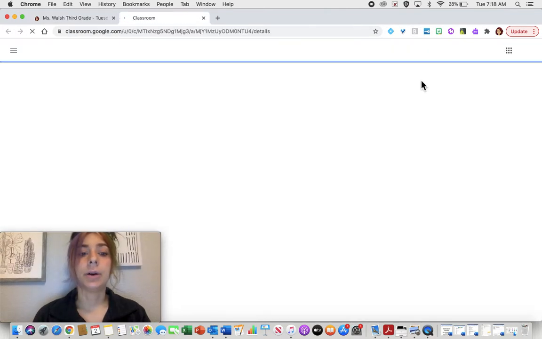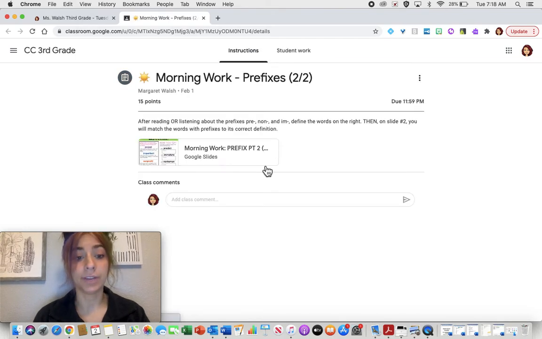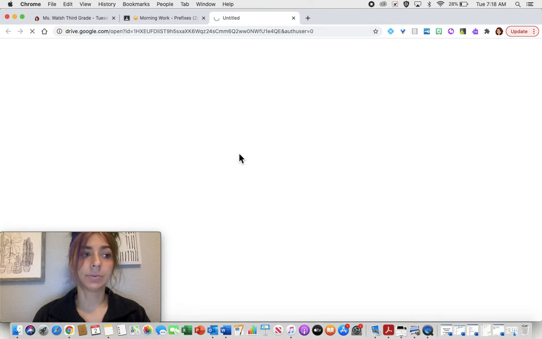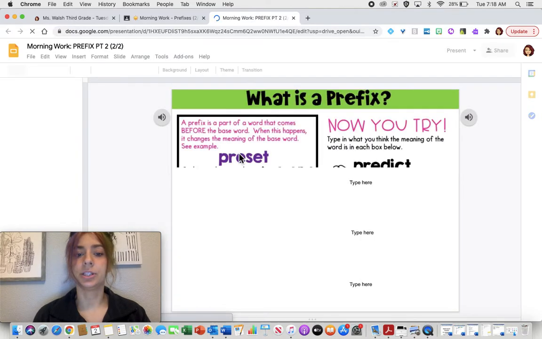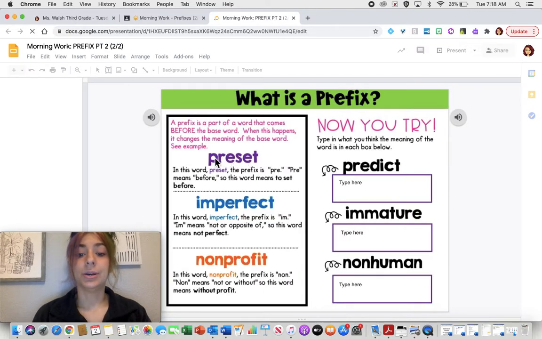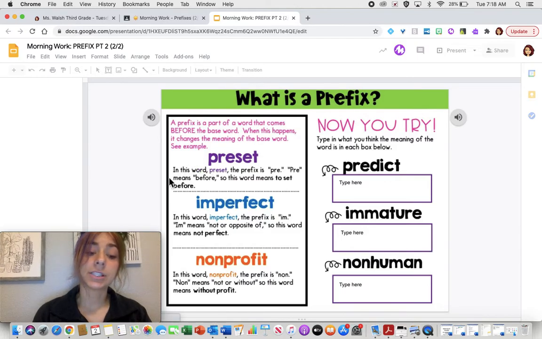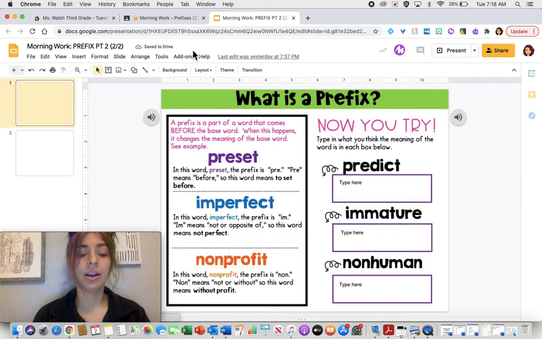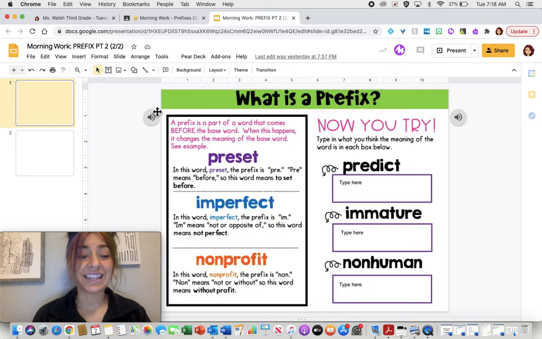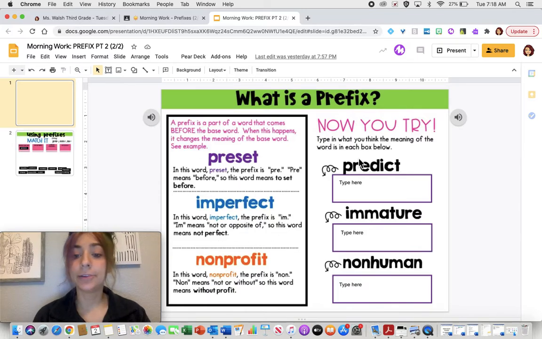Yesterday we talked about some prefixes, and today we're going to be talking about a few more. For example, yesterday one of the prefixes we looked at was re, and instead of looking at those prefixes from yesterday, we're going to be looking at new ones, including pre, im, and non. Your job is to read or listen to this anchor chart right here.